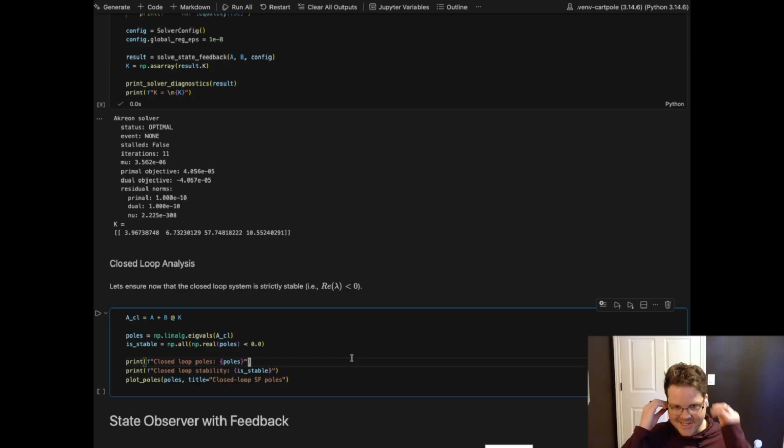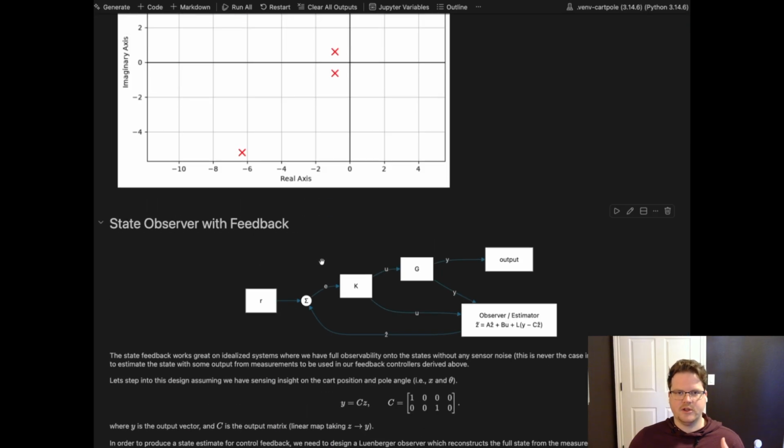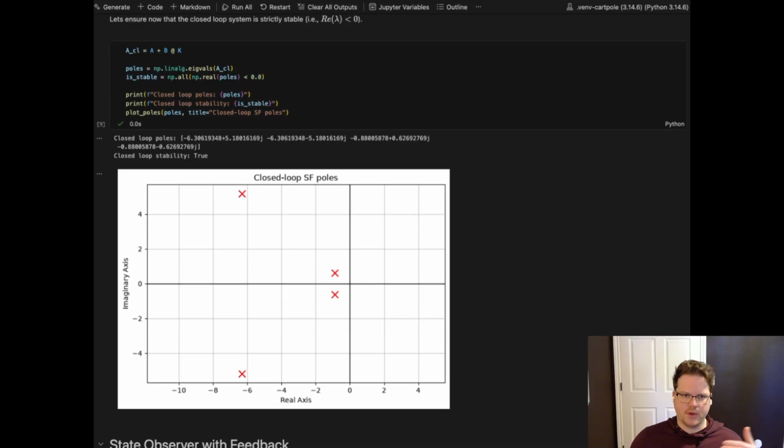The intuition here is that these should all be strictly in the left-hand plane. But there's no real pushing these poles further left or any tuning of the poles. This was just a feasibility problem. Give us some poles, give us a stable closed loop system based off that LMI above.